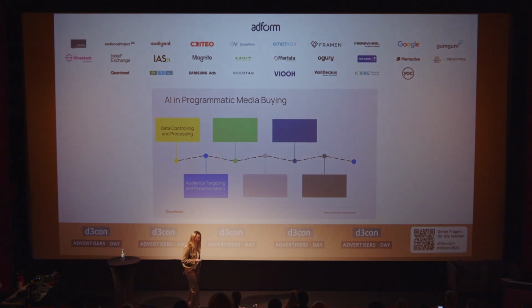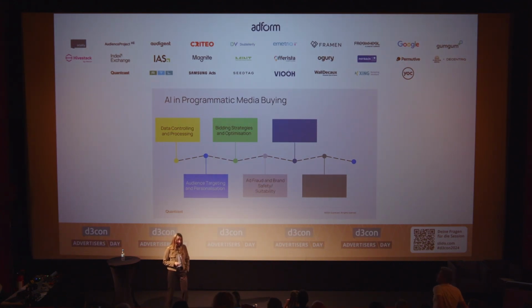Then of course, the actual audience targeting and personalization of the ads, which we've pioneered in the programmatic space. And then the whole bidding strategies and optimization. This is something that I will deep dive into in a moment, but that's very distinctive for programmatic media buying versus other classical media buying.